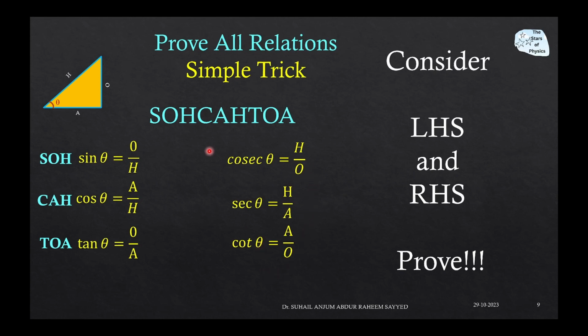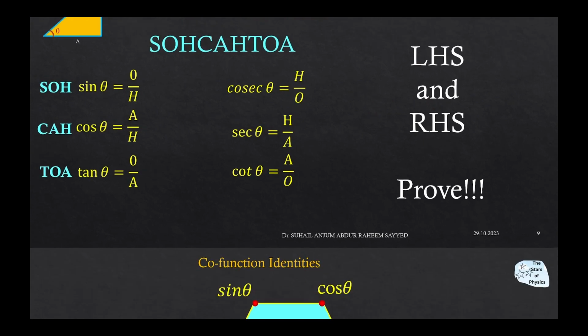Then in whichever relation you have to prove, put these values in the LHS of that relation and also in the RHS, and you have to use simple techniques, in most of the cases Pythagoras theorem, to simplify that, and finally you will get LHS equal to RHS to prove all the above identities.